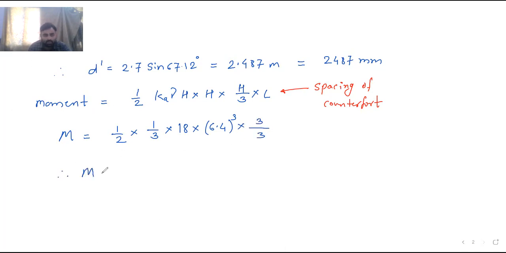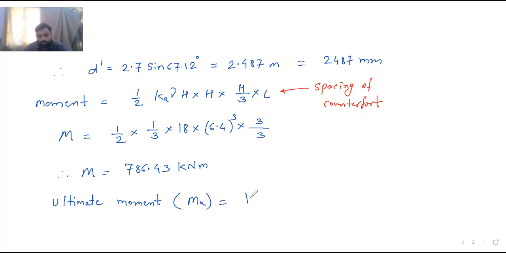After solving this, you will get the value of M as 786.43 kilonewton meter. Further, if we calculate the ultimate moment, Mu is equal to 1.5 into 786.43.